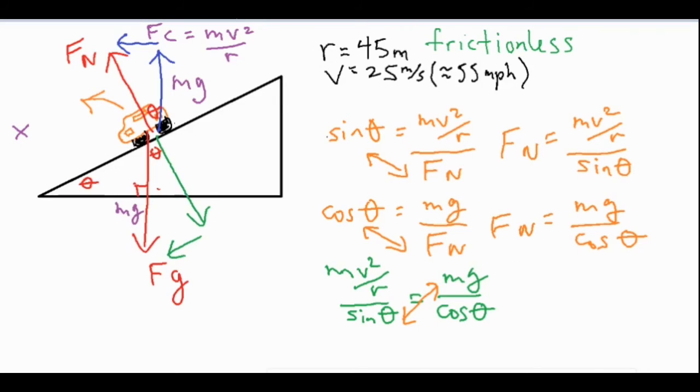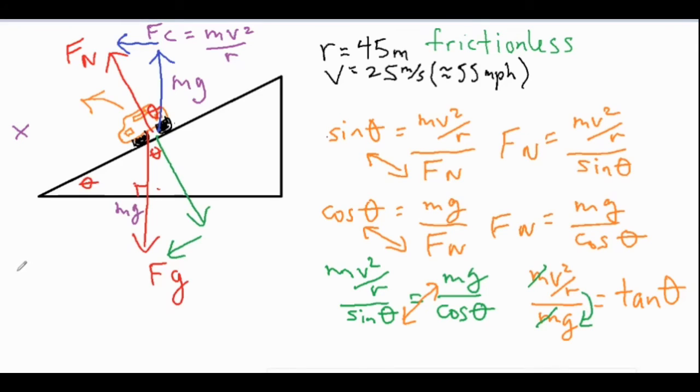If we cross multiply those two, that leaves us with mv squared over r over mg, and then the sine theta is going to be above the cosine theta, which would make it tangent of theta. From there, our m's are actually going to drop out. And since this r is below that v squared, it actually dropped into the denominator.